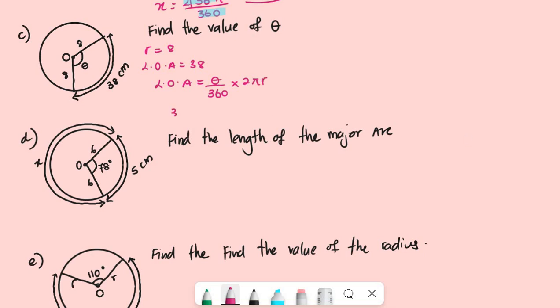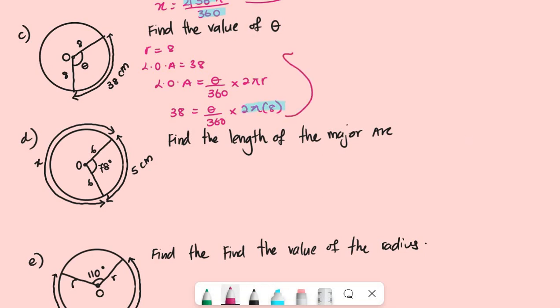So length of arc, which is 38, equals theta divided by 360 times 2 pi r, where r is 8. Let me solve this first.